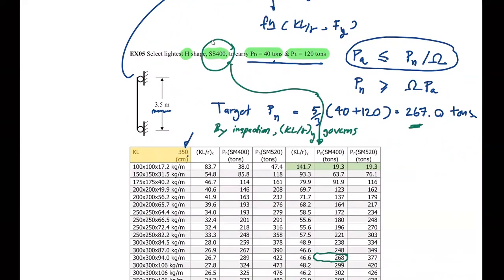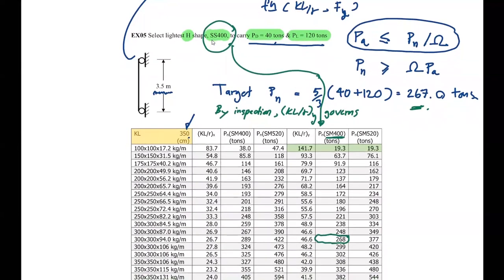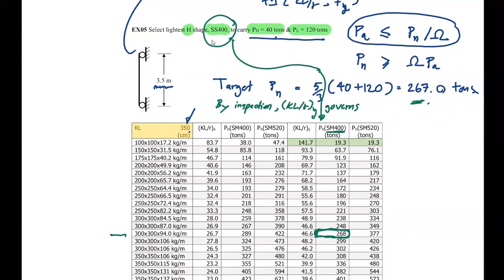Because we know that the y-axis is going to govern, and we know the material that we are going to use, and we know the target because we moved the factor of safety to the load side, now we know it's 268. Okay, so now we can start by selecting this section and see what happens. Are you with me?